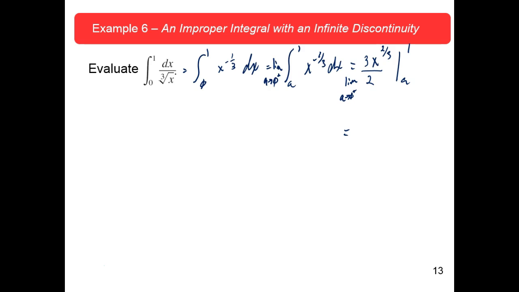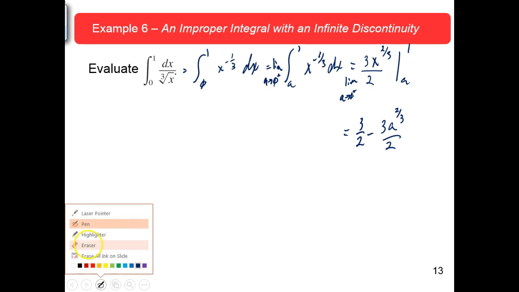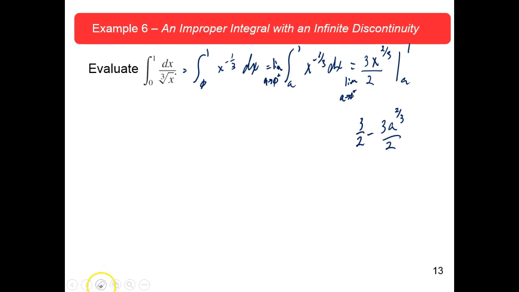What would that be? 3 halves minus 3 times a to the 2/3 power over 2. You can tell I have a Freudian thing about limits. I just really don't like them that much. But this would be the limit as a approaches 0 from the right-hand side. That's what that would be equal to. And what is that?